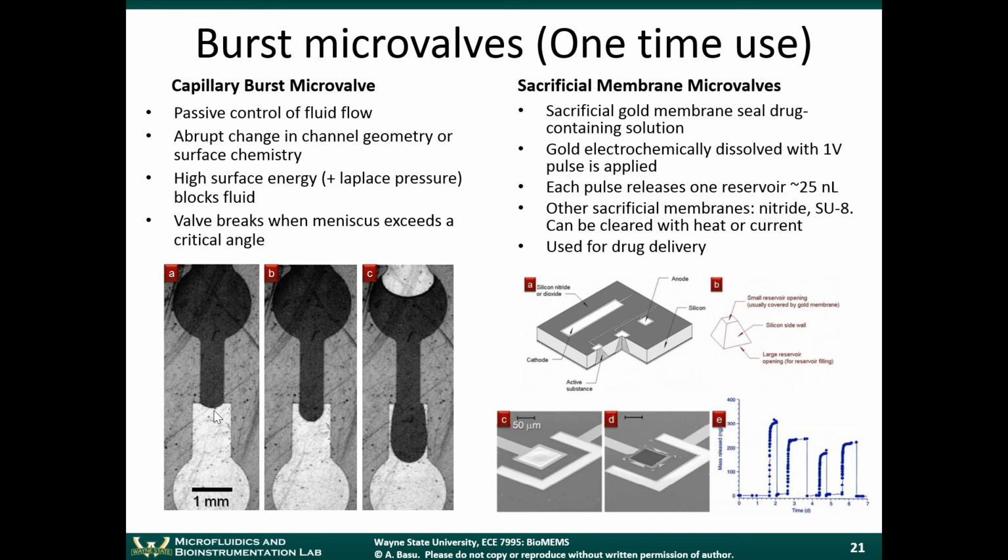Remember, the Laplace pressure is 2 multiplied by the interfacial tension divided by the curvature of the interface. Whenever you have a curved surface like this, where this is liquid and this is air, you end up getting a Laplace pressure that develops between these two regions, and that Laplace pressure pushes back.